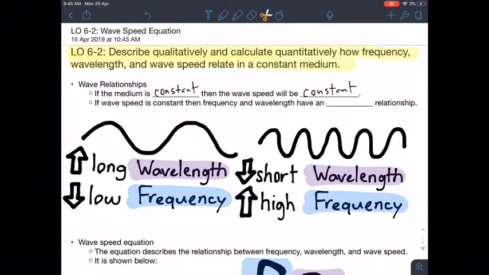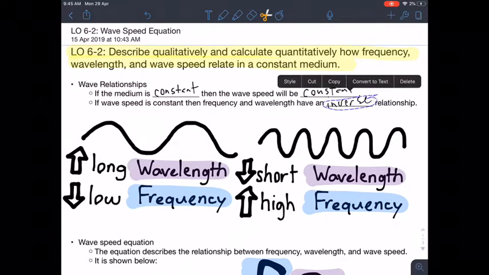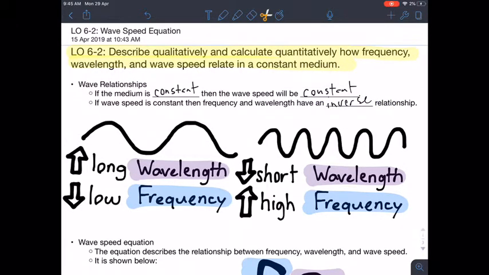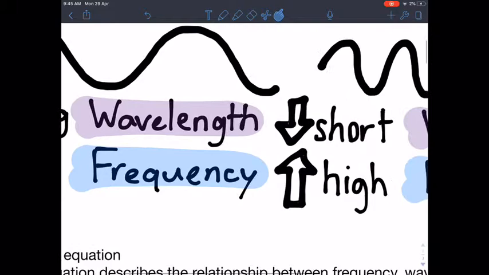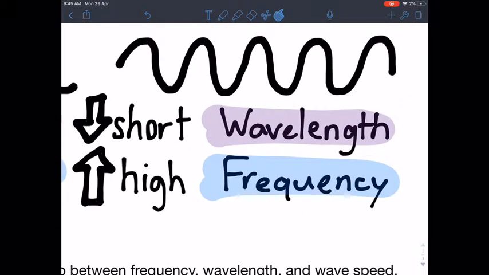If the wave speed is constant, then frequency and wavelength have to have an inverse relationship. So we're going to look at this picture right here as an example. This wave has a long wavelength and therefore a low frequency, whereas this wave has a short wavelength and therefore a high frequency.